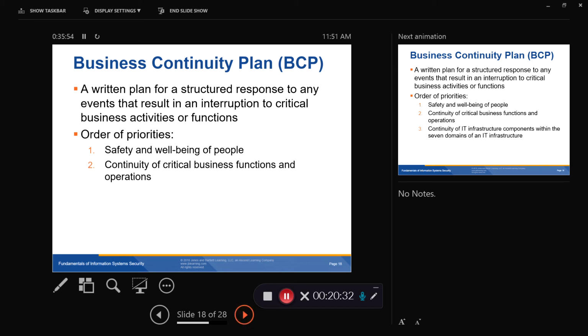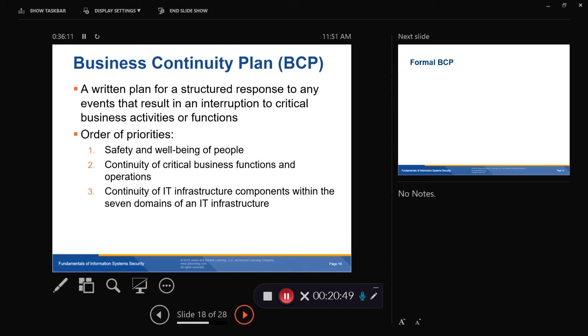Then the continuity of critical business functions and operations. You know, certain nice-to-have reports, well, they're just nice to have, and we're not going to ensure that they're up and running until we've got everything else up and running. That's crucial. Then the continuity of IT infrastructure components within the 7 domains of an IT infrastructure.